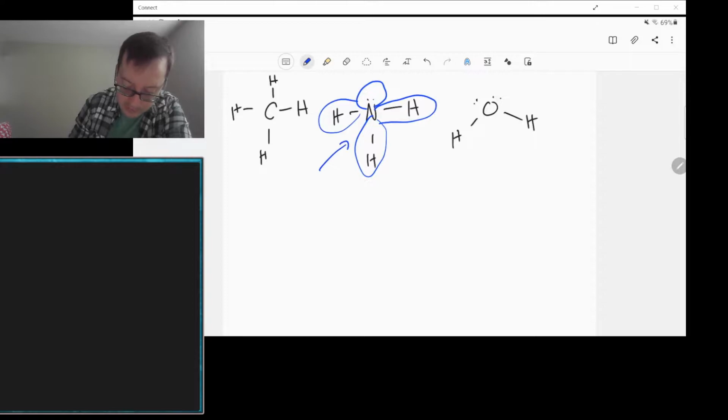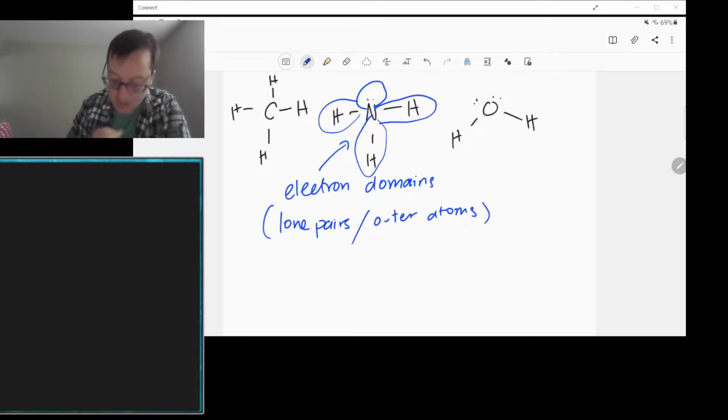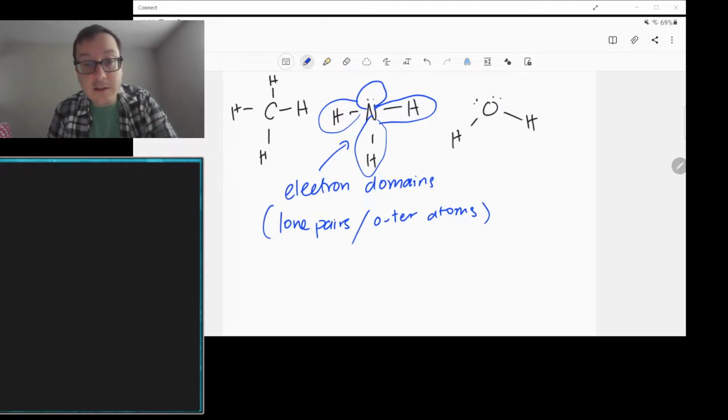These are what we call electron domains. And those are going to be either lone pairs or outer atoms. And we're going to see that electron domains, because they are made of electrons, either it's the electrons around another atom or it's the electrons of a lone pair.